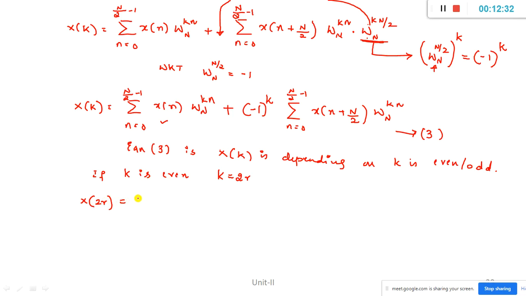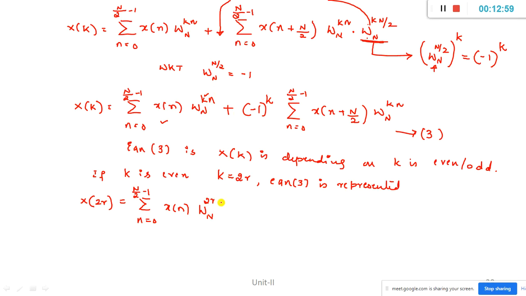Now equation 3 is modified as below. So x of 2r is equal to summation n runs from 0 to n by 2 minus 1 x of n W_N. What is k? k is nothing but 2r.